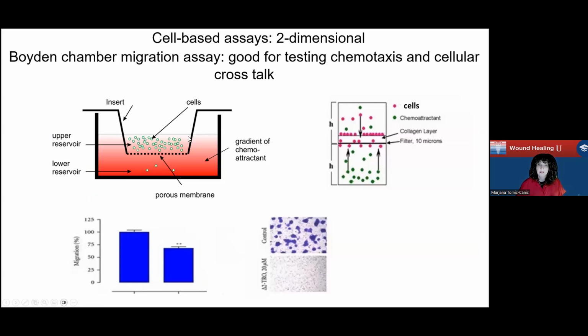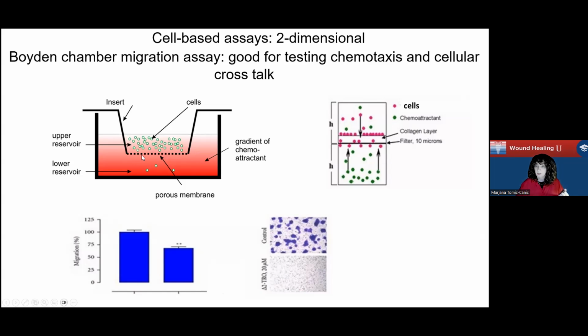Another component is when you want to test the crosstalk or test migration. This is another form of migration assay called the Boyden chamber, where there is a membrane separating 2 compartments, and the cells are placed in the top one, looking at how many of them will go through the membrane.